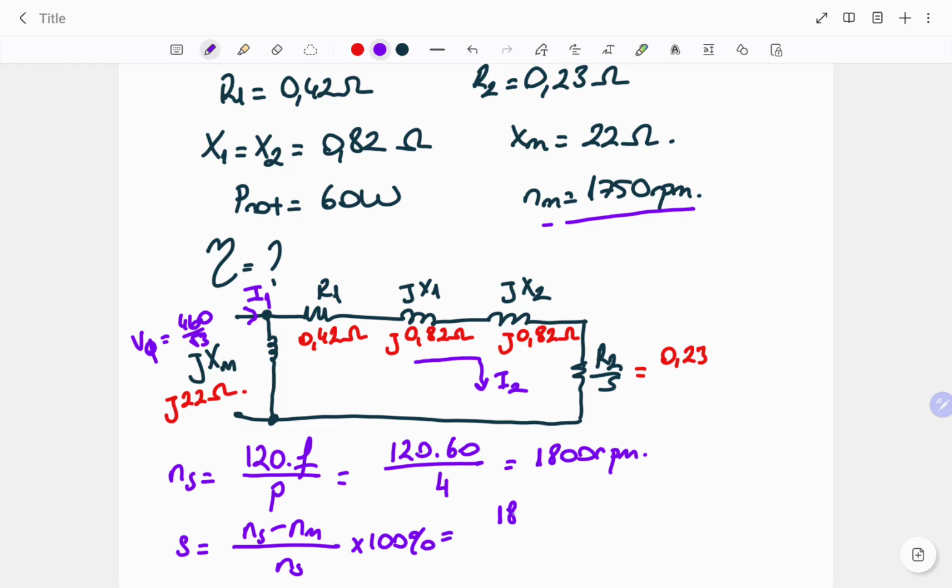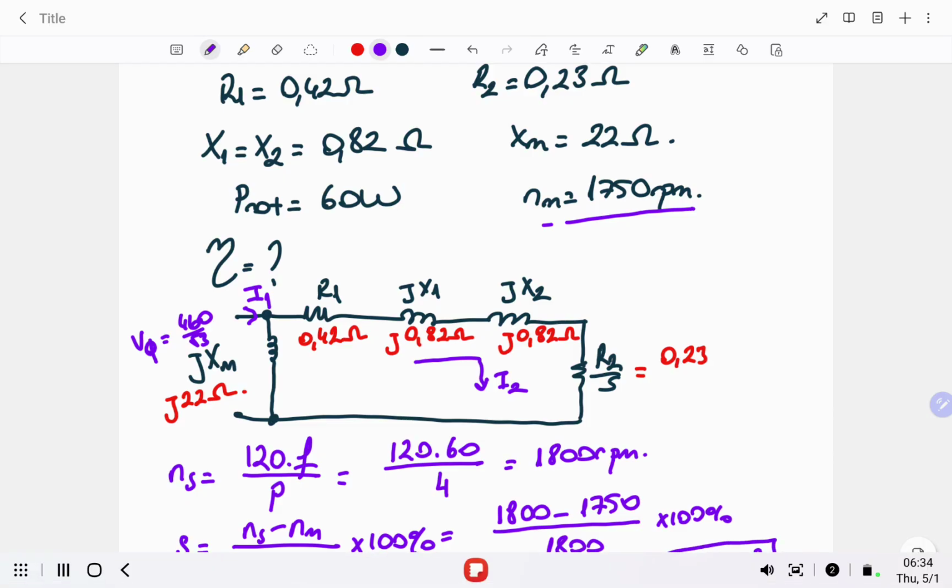And it will be 1800 minus 1750 divided by the synchronous speed again. So it will be 0.028, or in other words 2.8%.